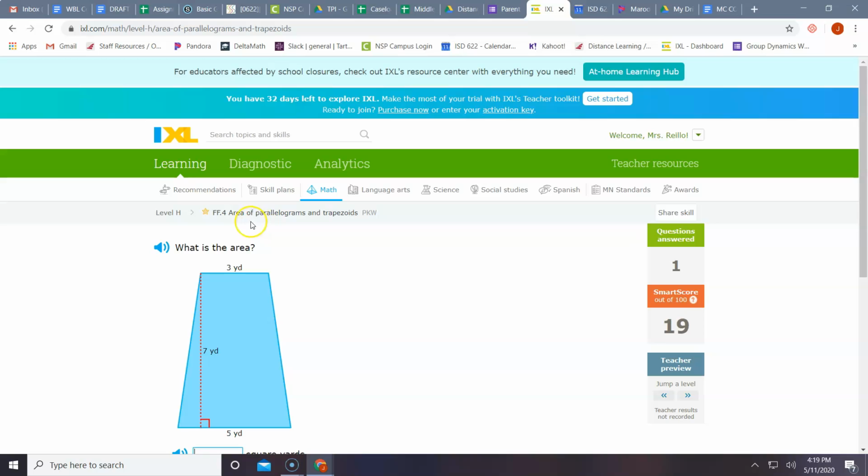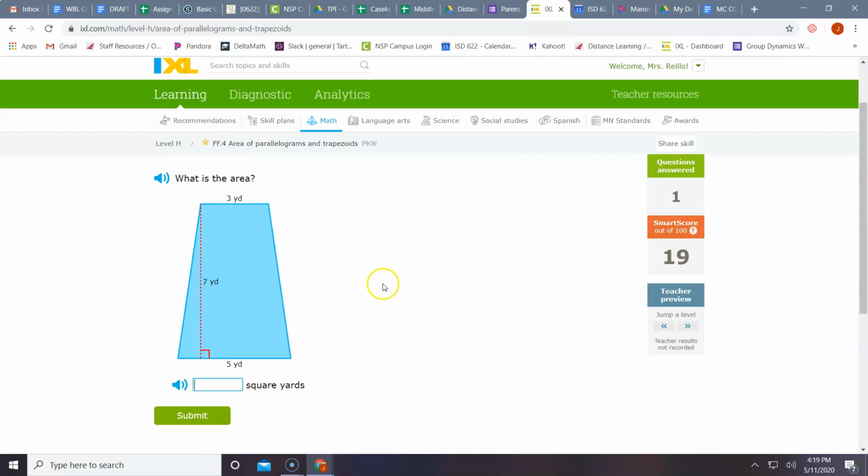So if we jump up here, we are now looking at a trapezoid. So the formula for a trapezoid is different than what it is for your squares and rectangles and parallelograms.